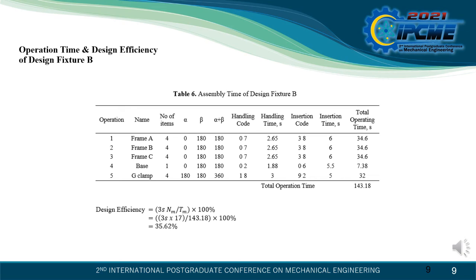Based on the reference, we can find these values so that we can calculate the total operation time. Based on the design efficiency formula, the design efficiency of design feature B is about 35.92%, greater than design feature A.